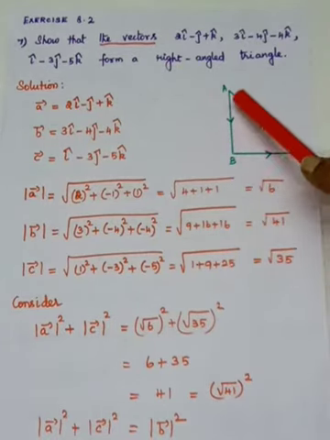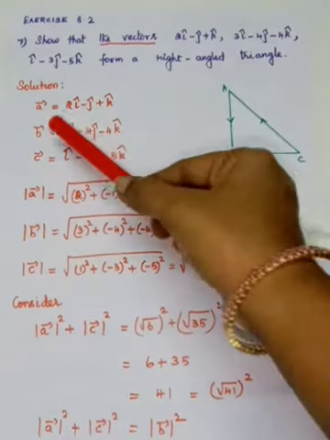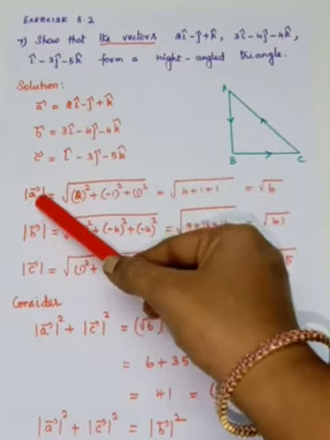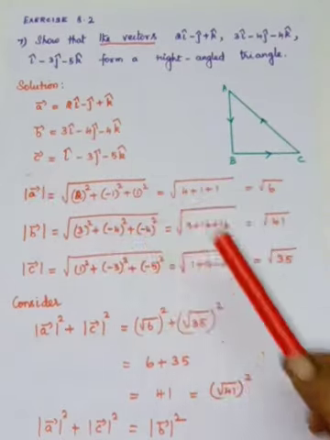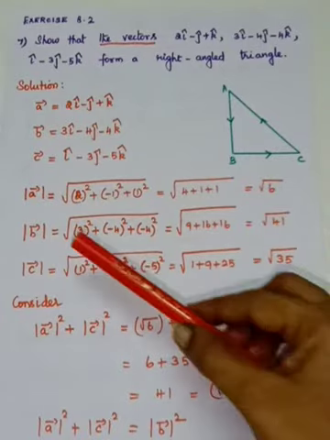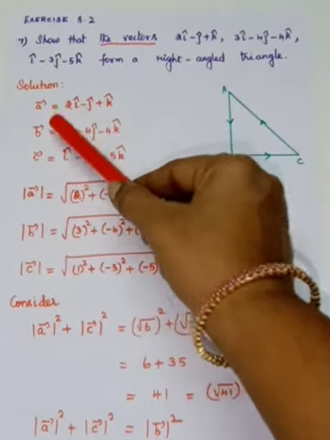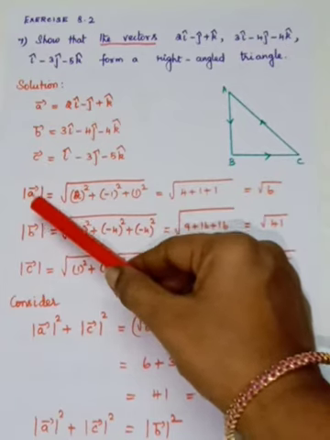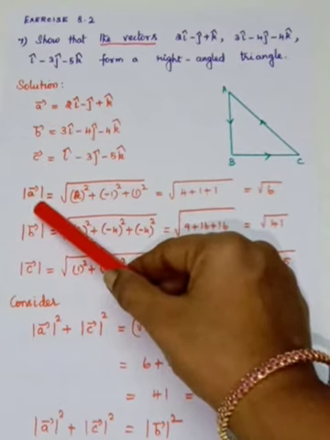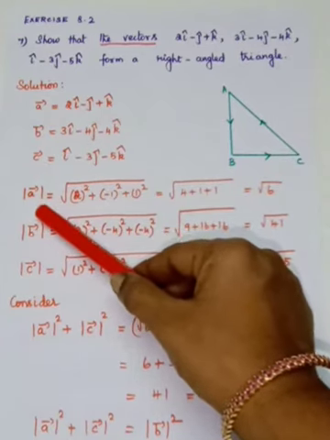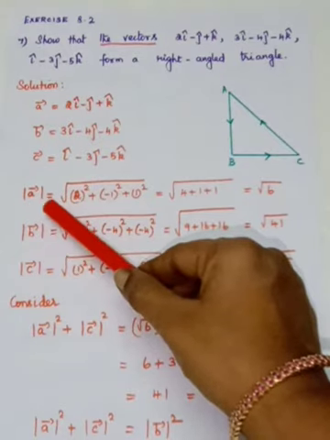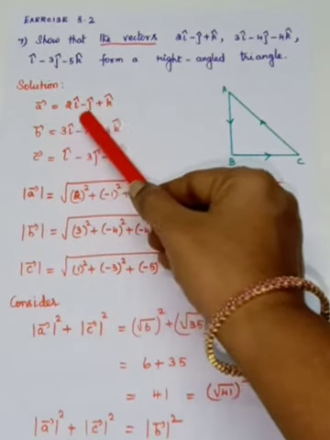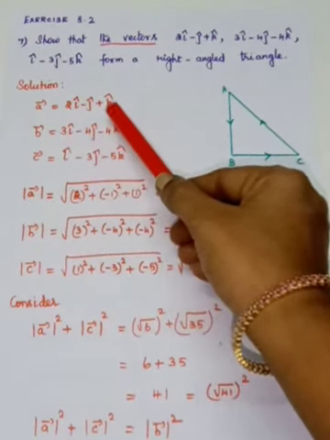The length of the line segment is nothing but the magnitude of the vector. So to find the length of each side of the triangle, we have to find the magnitude of these three vectors. First, go for the magnitude of A vector, that is modulus of A vector. How to find the magnitude in terms of x, y and z components?